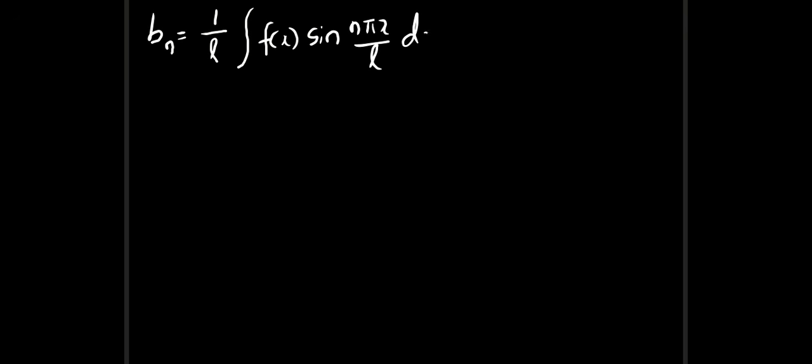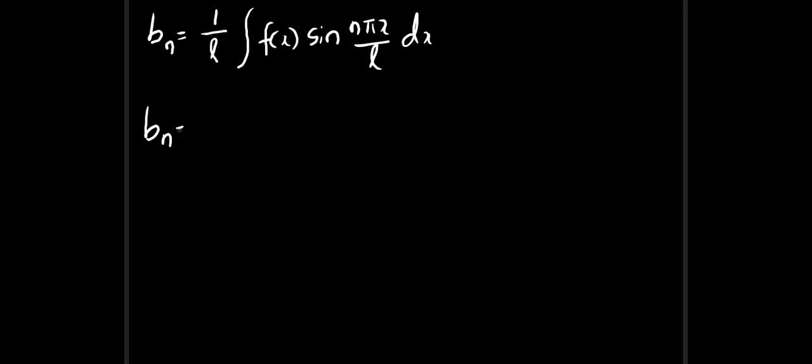Now it's your turn. So tell me, what is the formula for Bn? Yeah, great. 1 by L integral, don't get worried about the limit, f of x sine n pi x the whole divided by L dx. Okay, time to substitute.